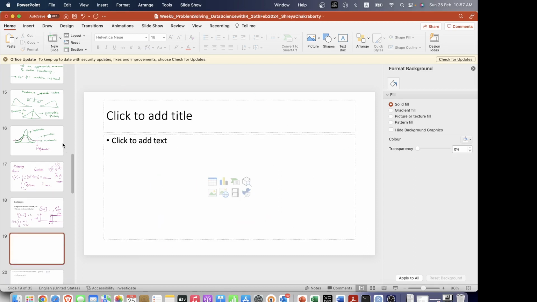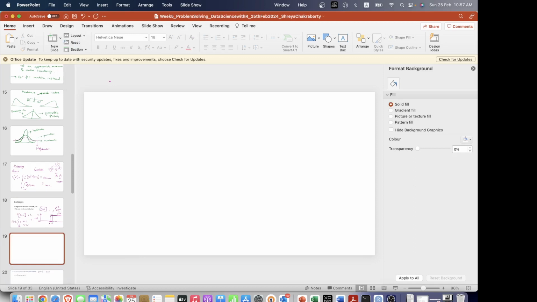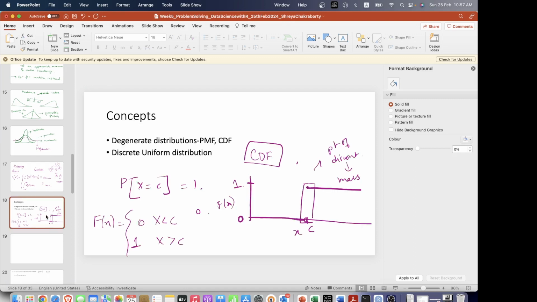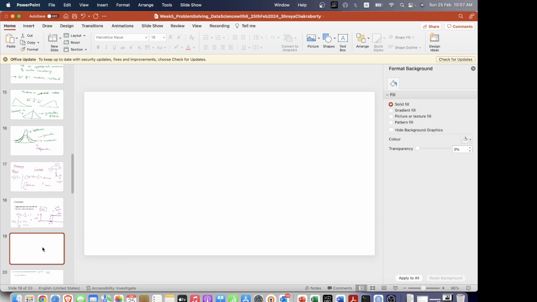Ma'am, the PMF will be a point on the graph for the degenerate function? The CDF graph will be just what I have shown you, a continuous line, and the PMF will be the point.